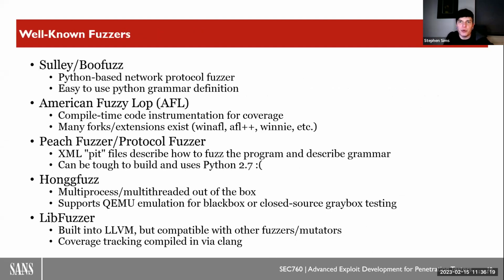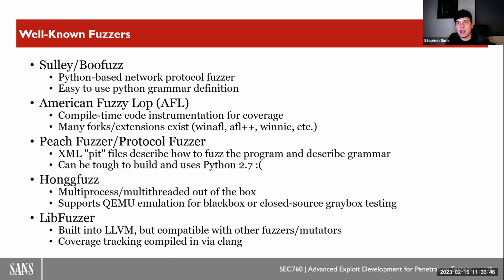We're not going to go through all of these fuzzers, but these are some well-known examples of fuzzers out there. Sulley and boofuzz. Sulley was originally written by Pedram Amini, that's the author's name, to be a network-based intelligent mutation fuzzer. And then Joshua Pereyda took it over and made it even better. AFL, American Fuzzy Lop, that's Michal Zalewski from Google.